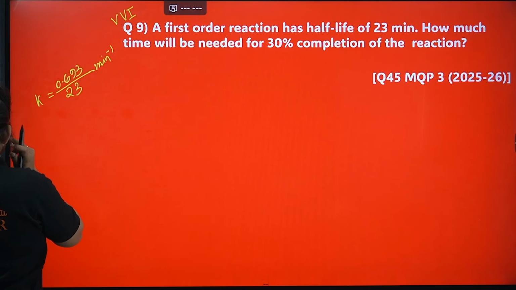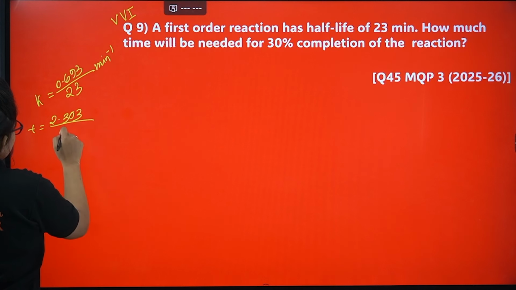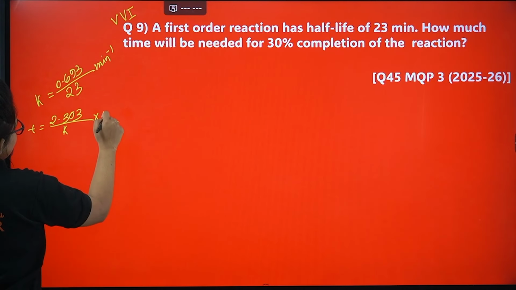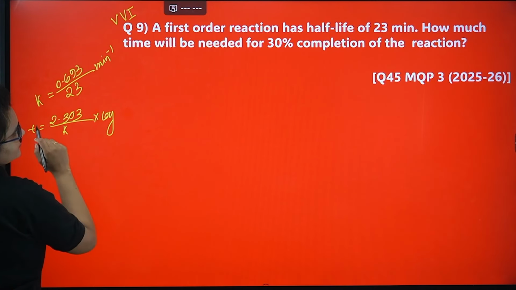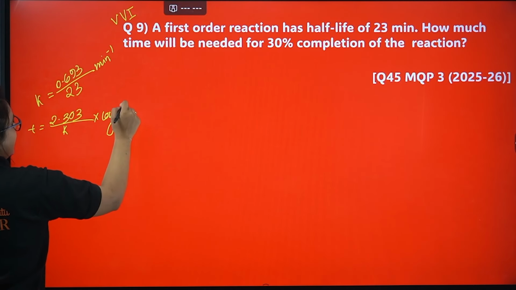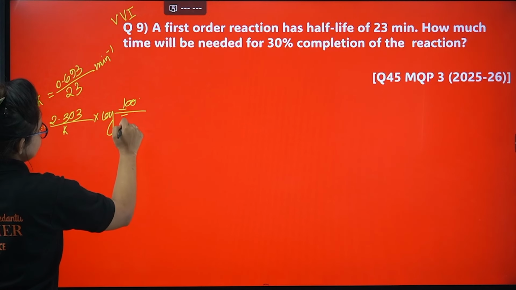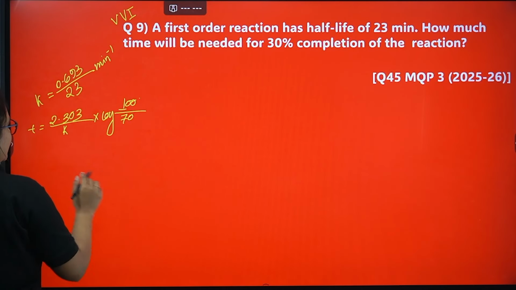Now if I go ahead with the first order rate equation, T equals 2.303 by K into log A0 by AT, right? So 100 was the initial, and 30% completion means I have 70% left, right?